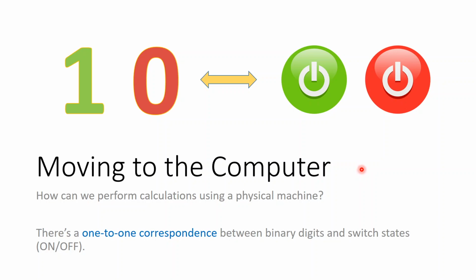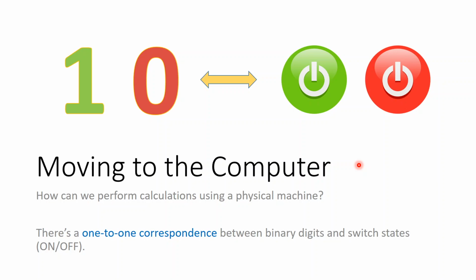Many switches can come together to form a machine, and that machine may be utilized to do computation, because these switches in a way are also binary in nature. So they can either be on or off, and in a way they can represent the bits 0 and 1.